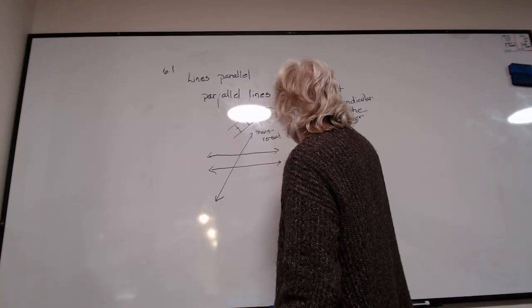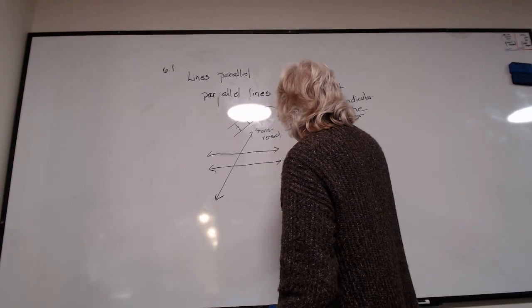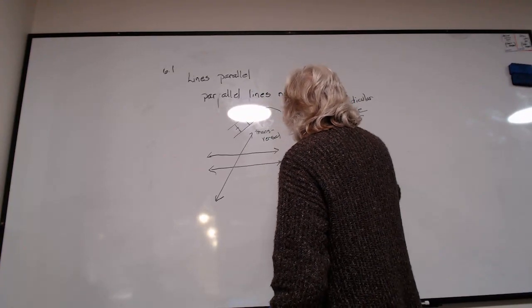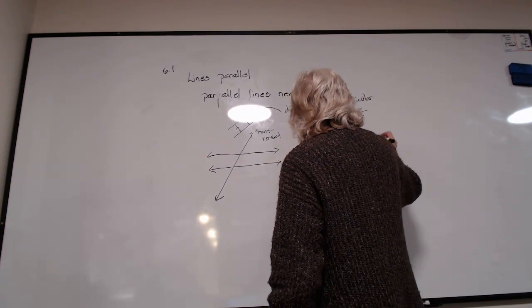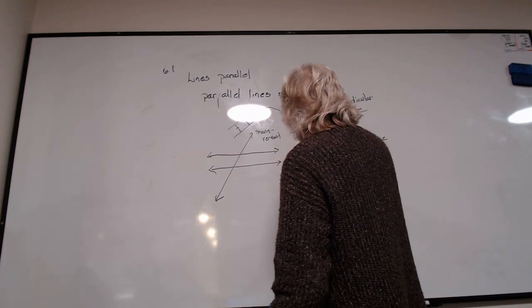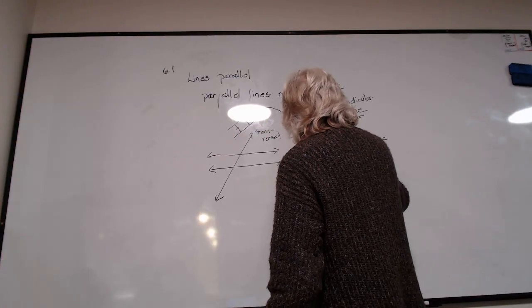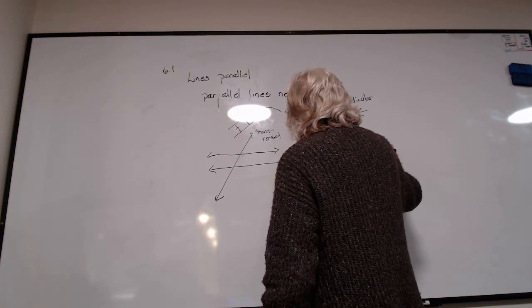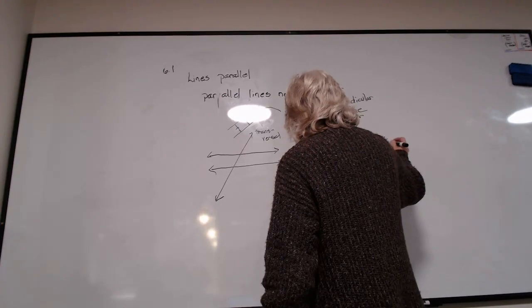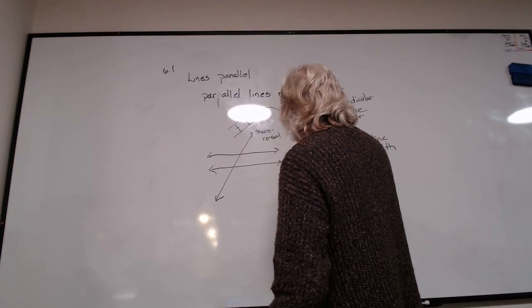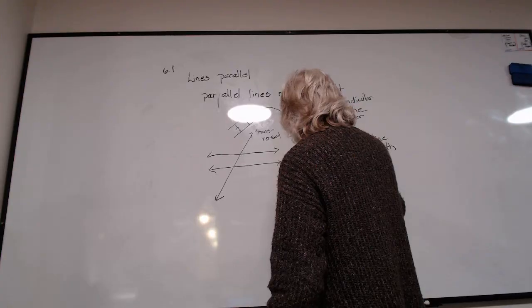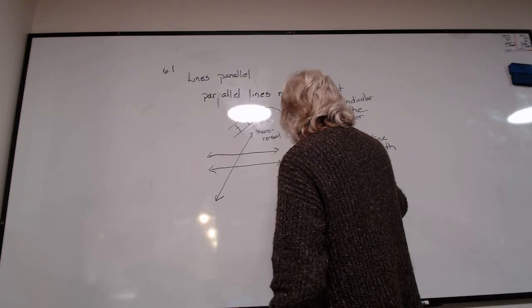So a transversal is a line that intersects with both lines that are parallel.